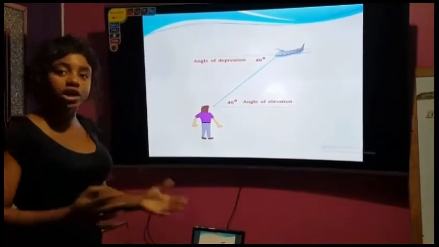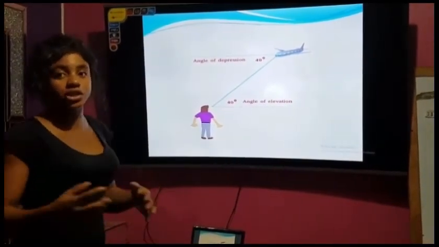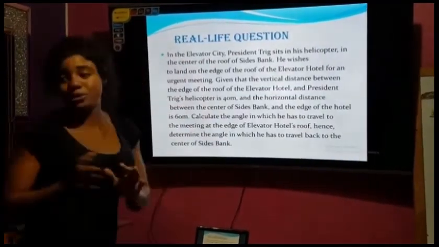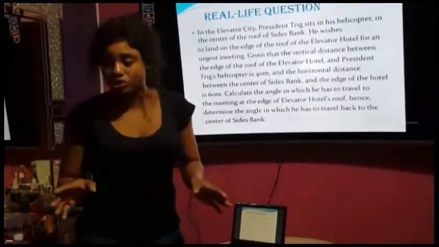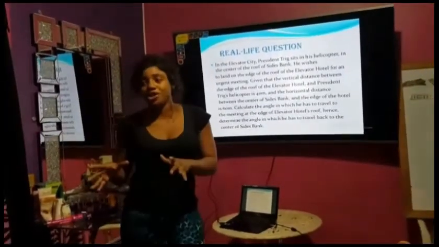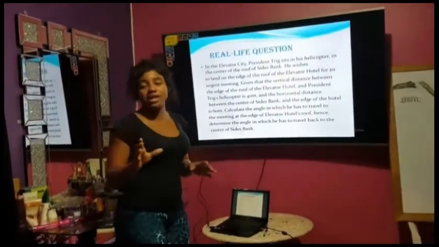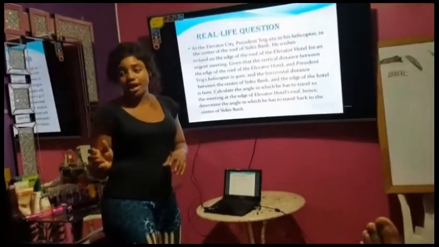Therefore, what one is, the other one is, as it relates to the degree. Alright, Group C, I see your misconception right here. I'm not going to do your question, but I'm going to do a real life example question using the elevator city manipulatives.